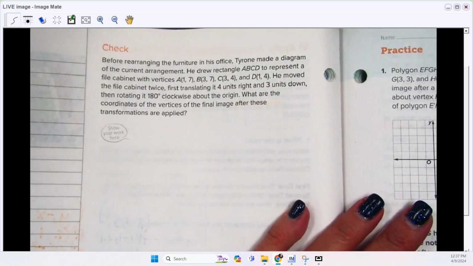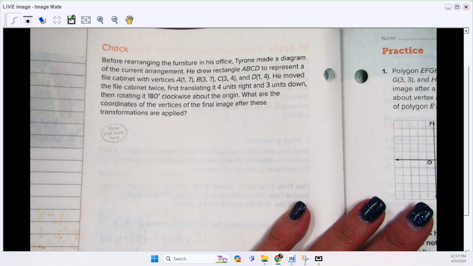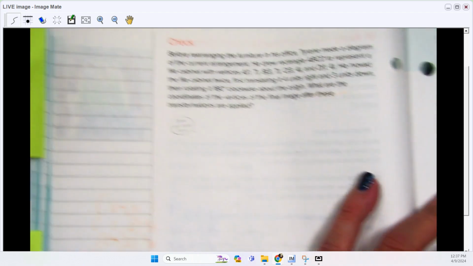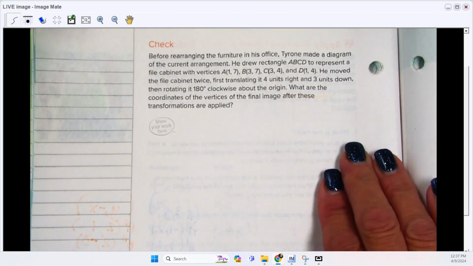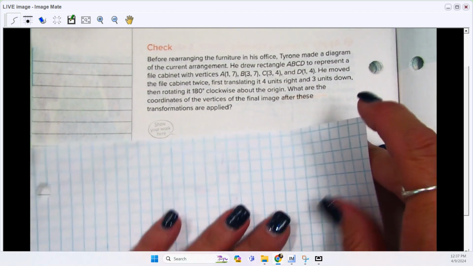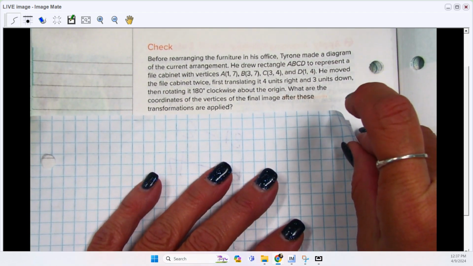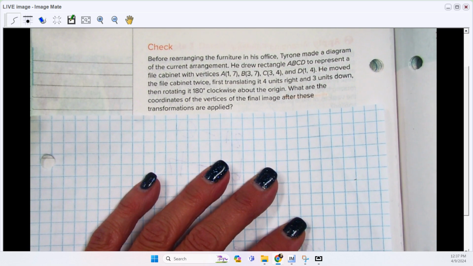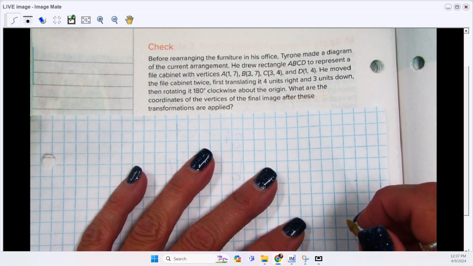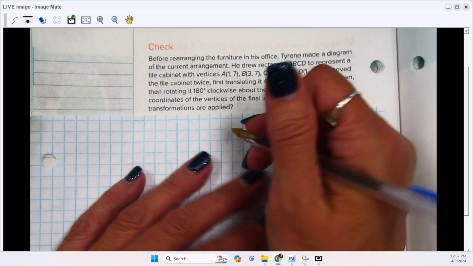Okay. Again, I have to move some things. There we go. So this one says, before rearranging the furniture in his office, Tyrone made a diagram of the current arrangement. He drew the rectangle ABCD to represent a file cabinet.